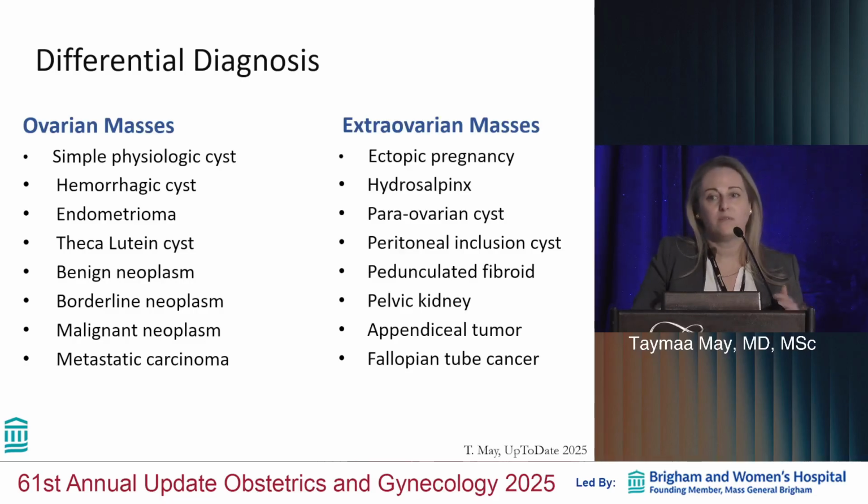Pedunculated fibroids, often, especially if they're in the broad ligament. Pelvic kidney, which is very rare but very serious. You obviously don't want to be in a situation where you're thinking it's an ovarian neoplasm and taking out somebody's solitary kidney. That would not be ideal. Appendiceal tumors, and then fallopian tube cancers, which are rare but quite a serious diagnosis.